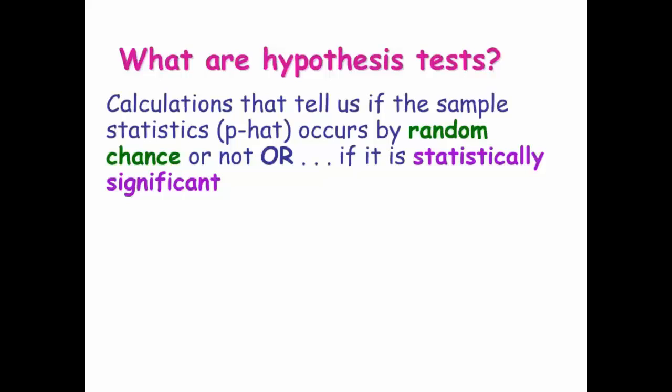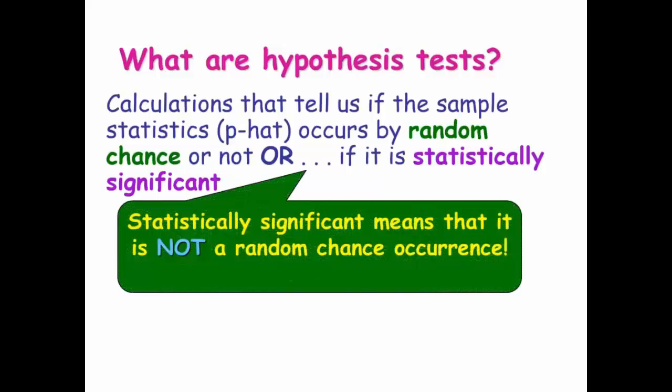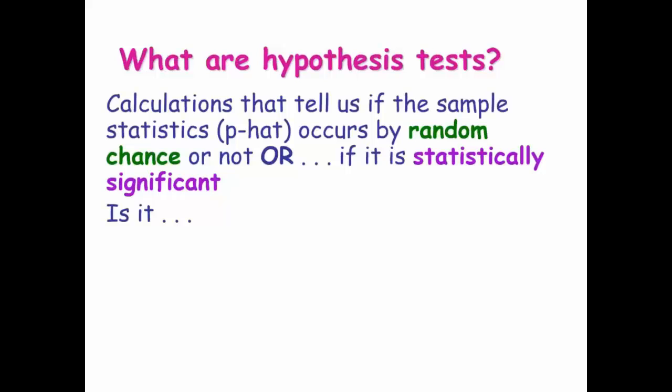And if my sample shows up 37% of the time, that's nothing to get too excited about. So statistically significant means it's not by random chance. We think that the sample is very rare, and we think that there's some sort of underlying purpose behind that.